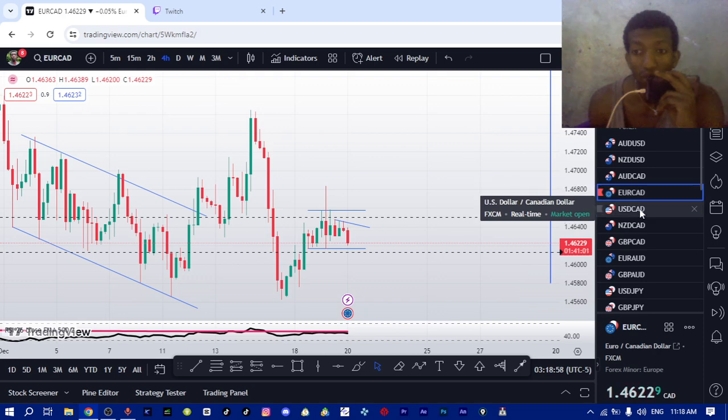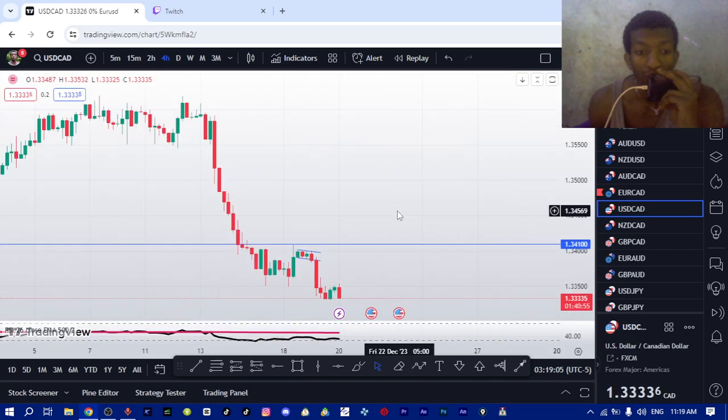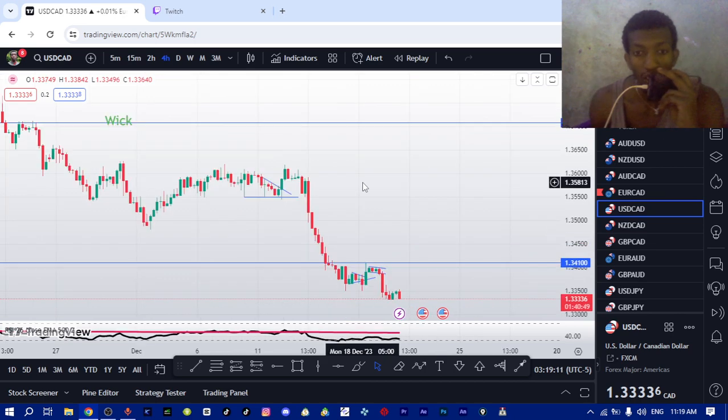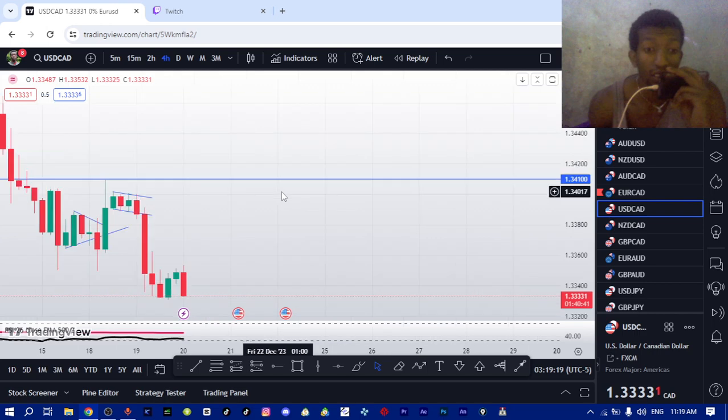So what you have to do is look at each of them. What are they doing? Are they bullish or bearish? If they are bearish, then we will suppose that the others will be bearish too.